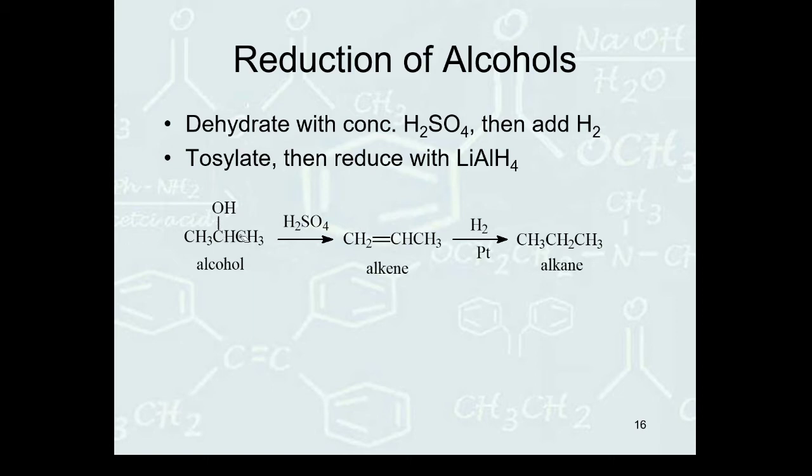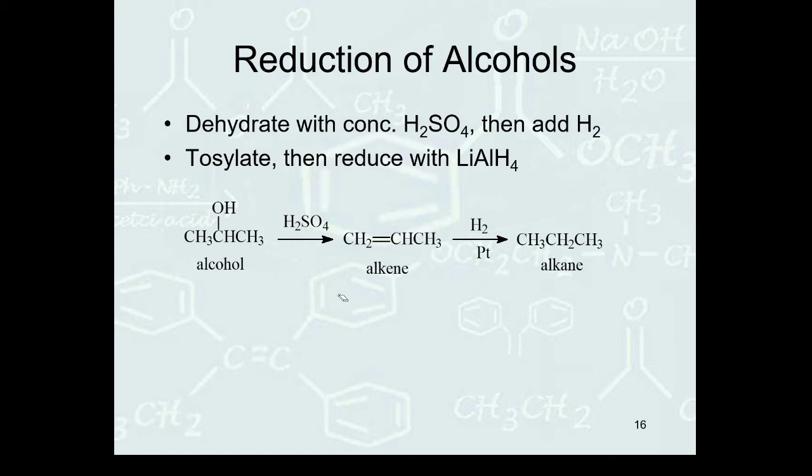Electrons come down, form a double bond, and a hydrogen is removed from here to go back with the sulfuric acid. So the hydrogen from here goes with sulfuric acid, turning it into an alkene. Okay, oxygen is leaving.